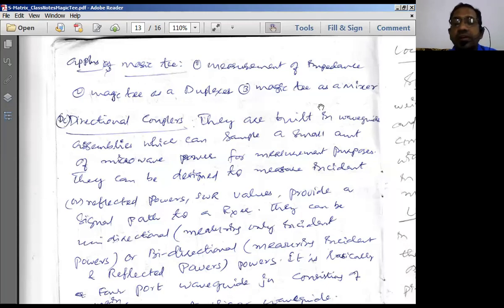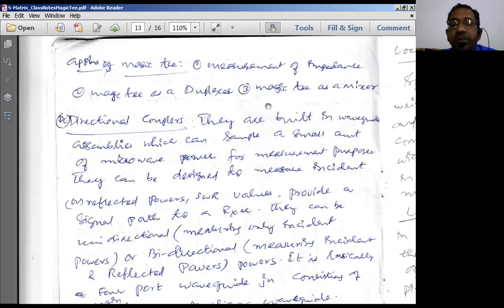Before that, let us go through some of the applications of the magic tee, where we normally prefer it. Magic tee is normally preferred in the measurement of impedance in the microwave circuit, and it can be used as a duplexer in radar applications. In a radar, for transmission and reception, we normally use only one circuit.